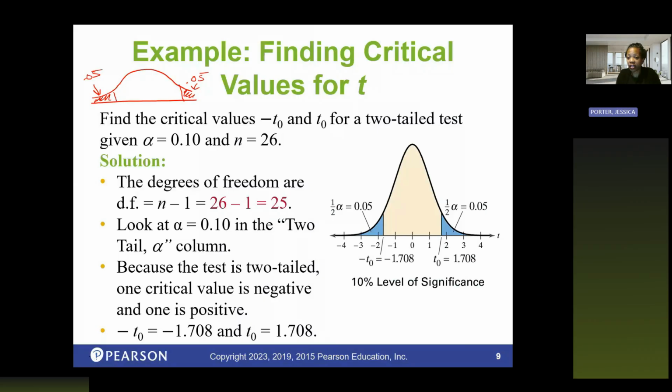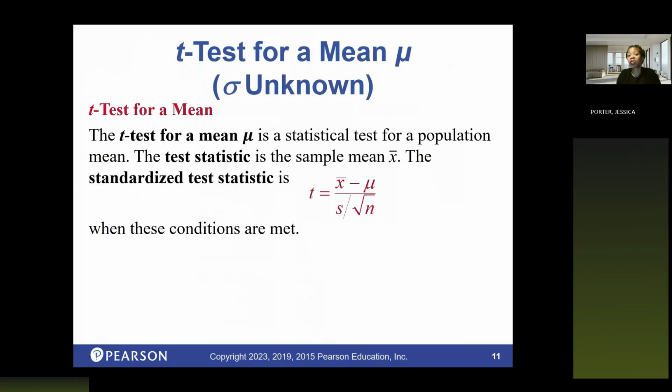So now let's get to actually doing the hypothesis tests. We're going to use a t-test for the mean mu when the population standard deviation is unknown. The standardized test statistic is t equals x bar minus mu divided by s divided by the square root of n.